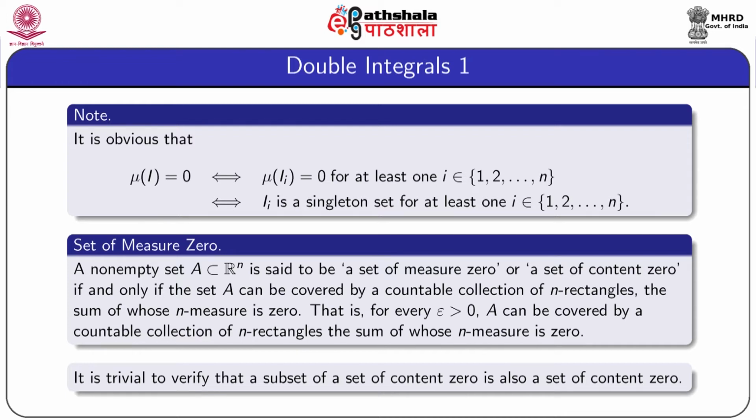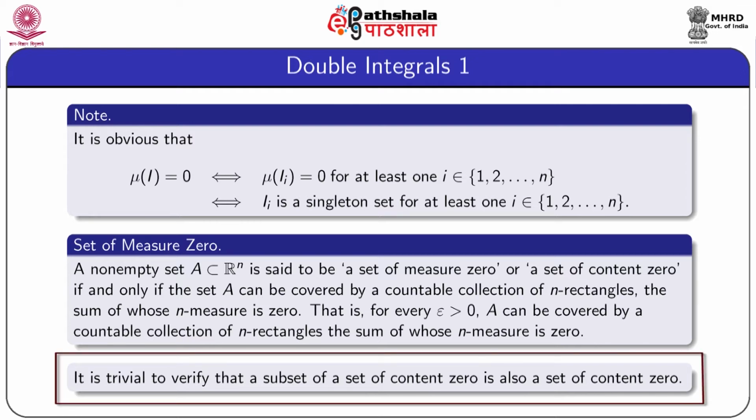That is, for any epsilon greater than 0 arbitrary, the set A can be covered by a countable collection of n-rectangles, the sum of whose n-measures is less than epsilon. That means we can make the n-measure as small as we please. It is trivial to verify that a subset of a set of content 0 is also a set of content 0.